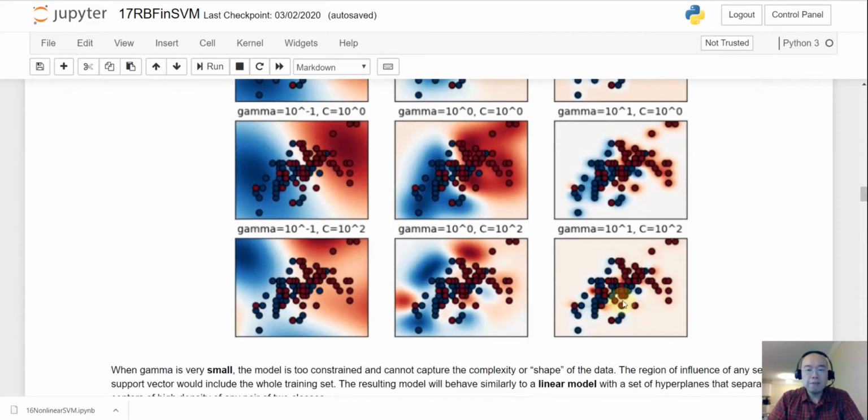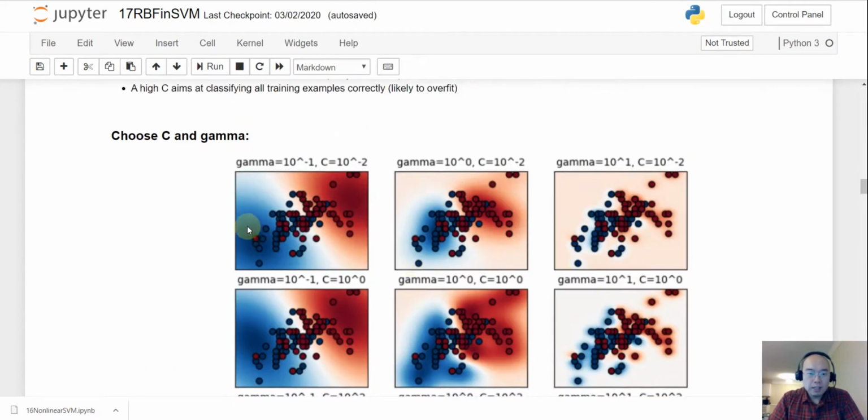And if you do a very high gamma and a very high C, the problem is we are learning only on the training samples. If you see the blue shade and the red shade outside, it means even though there's no sample there, if we see a testing sample, we are very confident it belongs to either the blue class or the red class.